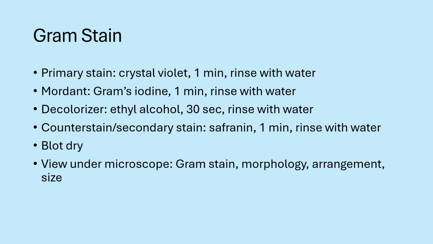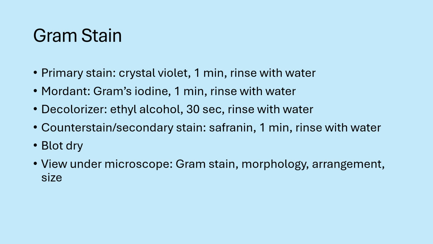Then you're going to add what's known as the decolorizer. This is ethyl alcohol. There's different ways of adding this. The way I do is I add the alcohol and I let it sit on the slide for 30 seconds and then I rinse it off. Some people add the alcohol for 15 seconds, rinse, add alcohol again for another 15 seconds and rinse.